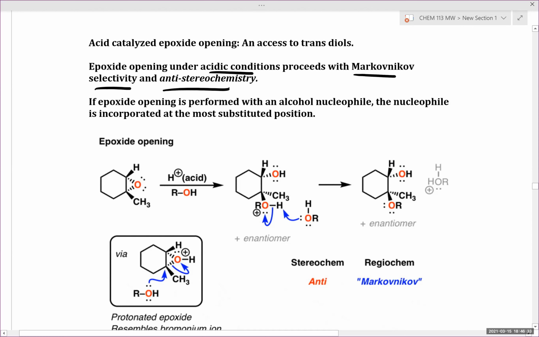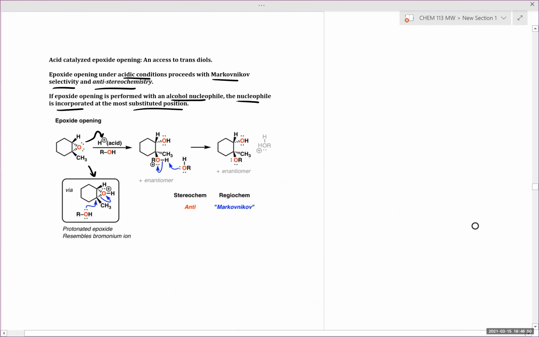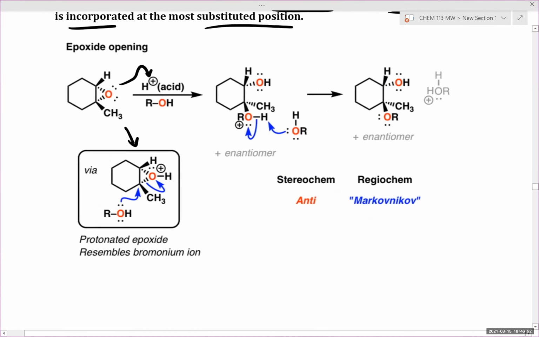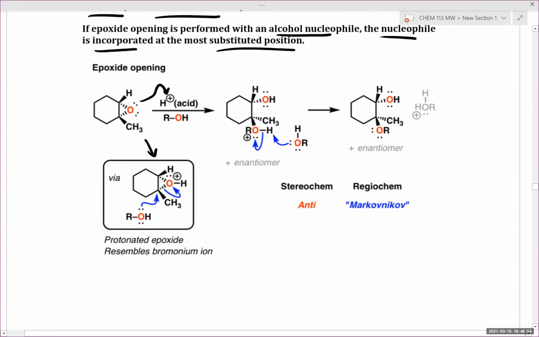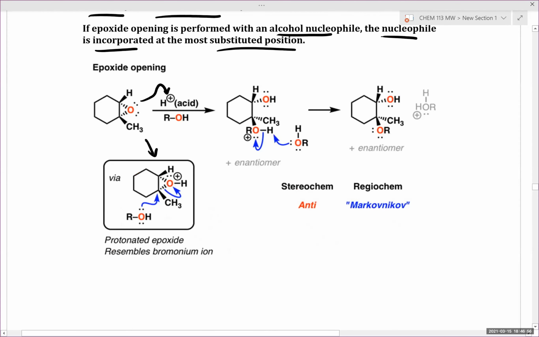If the epoxide opening is performed with an alcohol nucleophile, the nucleophile is incorporated at the most substituted position. So this is a wonderful method for preparing substituted ethers, and it allows you to prepare ethers while setting multiple stereocenters.